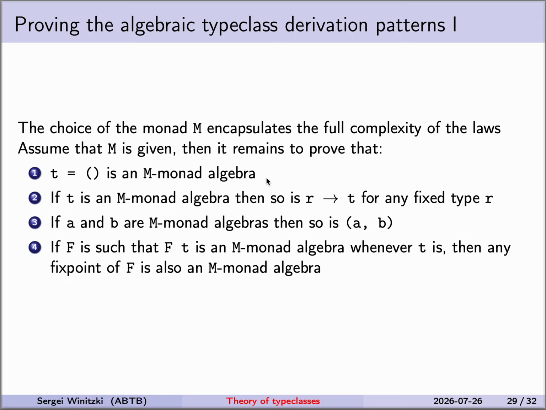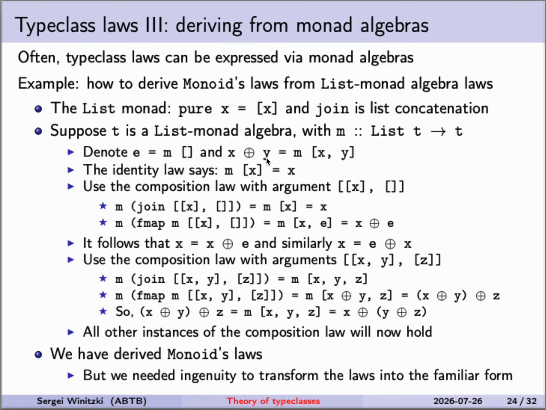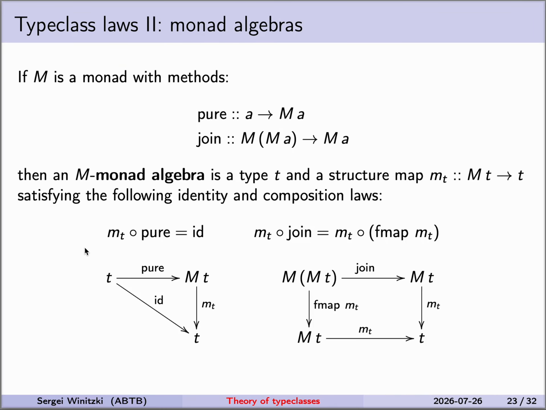You need to present a function of type M T to T and show that its two laws hold, the identity law and the composition law of the monad algebra, which is something I showed in one of the previous slides, these two laws.